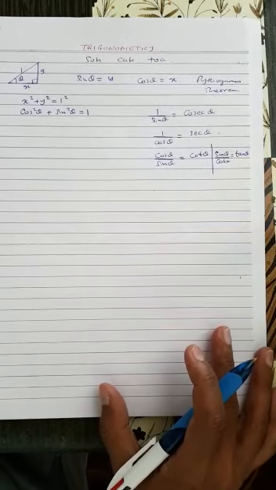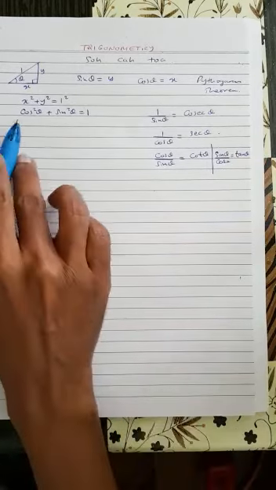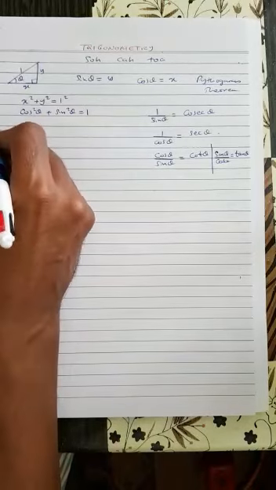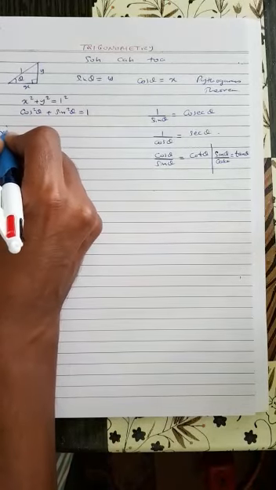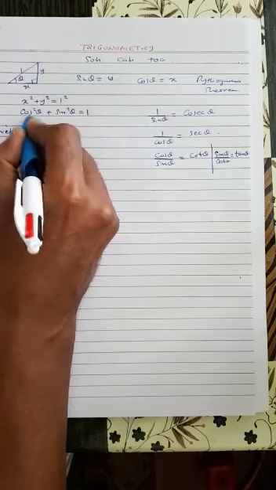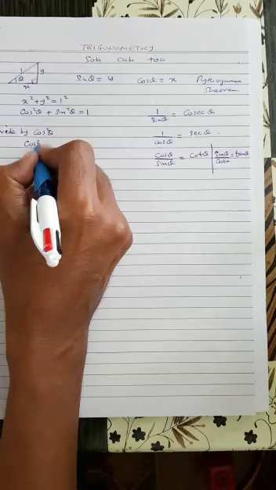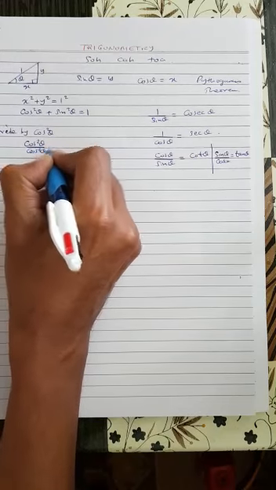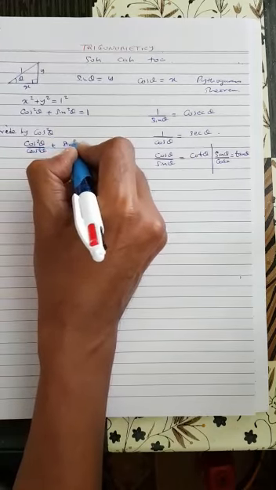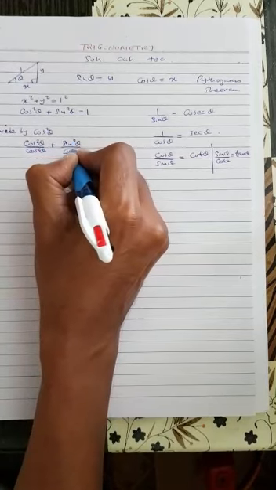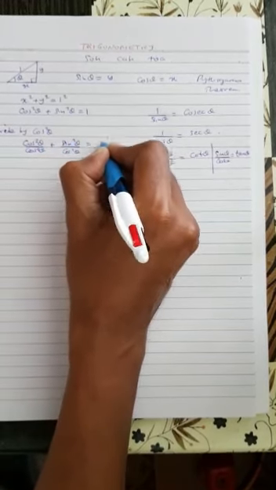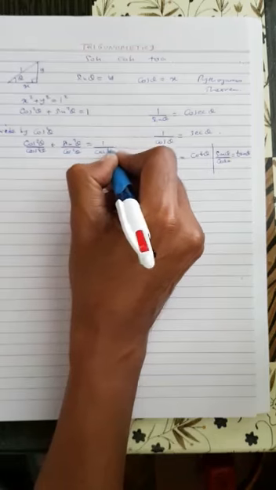Now from here, where do we go? Let us see. If we divide by cos squared theta, what are we supposed to get? We're going to get cos squared theta over cos squared theta plus sine squared theta. I'm dividing by cos squared throughout to get one more identity. So divide by cos squared theta.